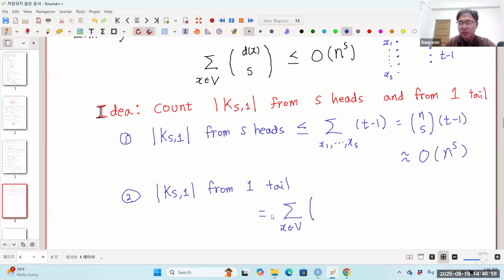It's bounded by, actually this is equal to the degree of x, the number of edges going out from x, and then you choose s from there, because the other side is s. So it will be the degree of x choose s, because here is the x, and you choose s among them, and that will be counting the K_{s,1}.